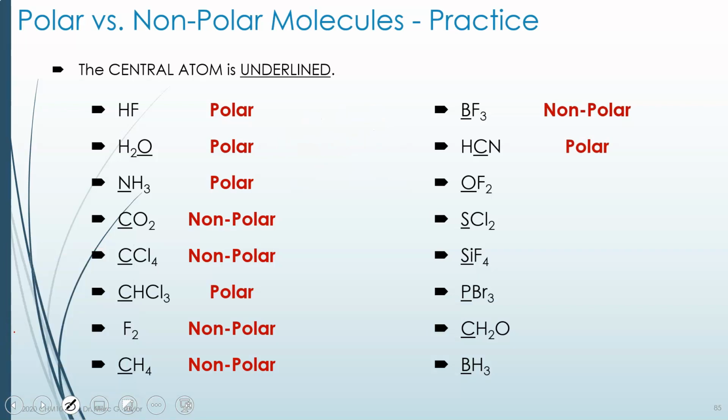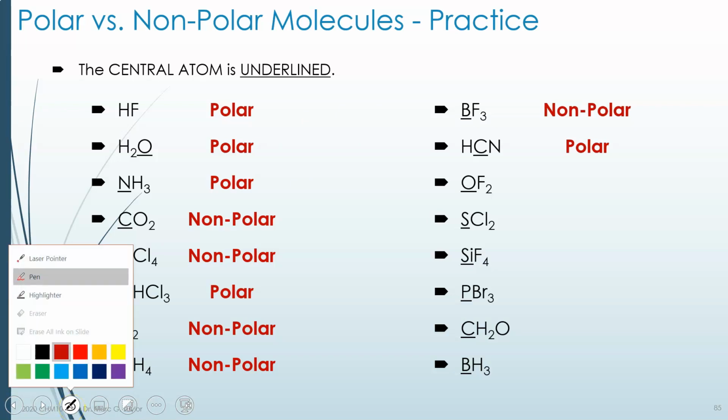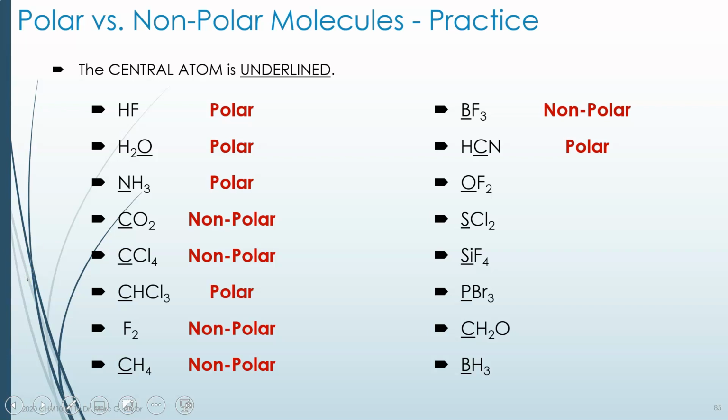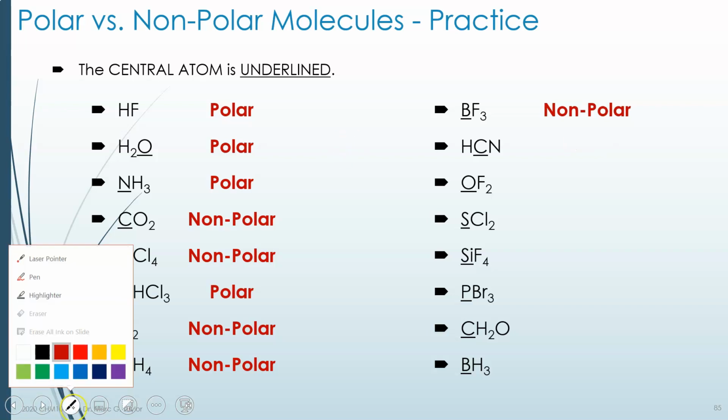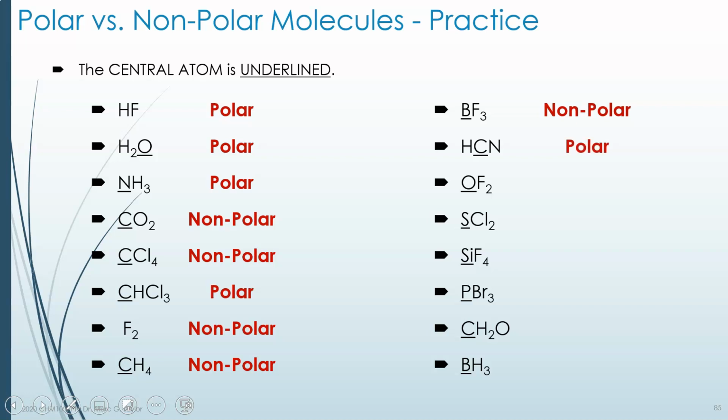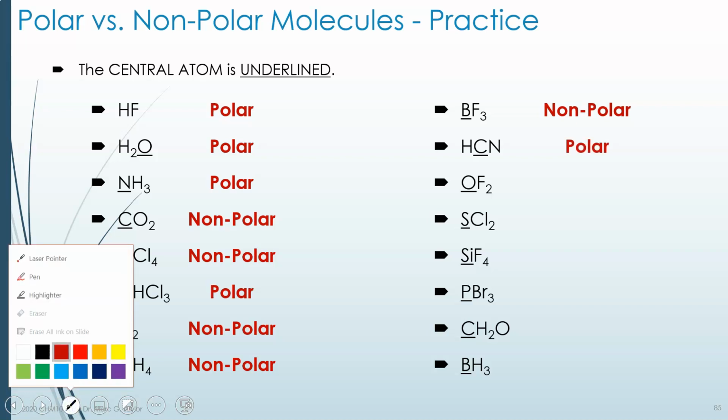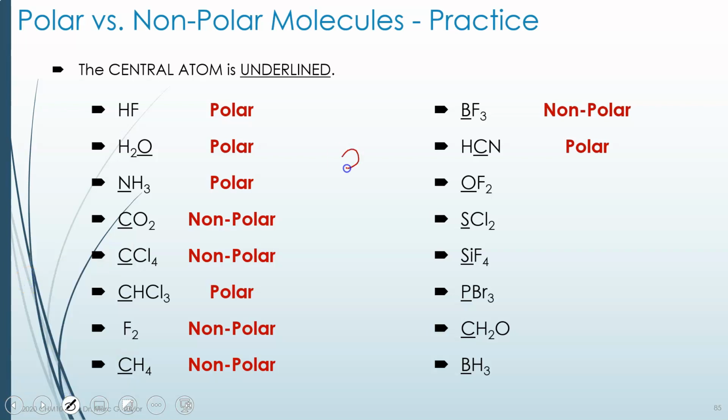The next example is OF2. This is an incredibly dangerous molecule, and so you wouldn't see it in the lab very often. Just like water, it has an oxygen in the center, and that oxygen has two lone pairs, and it is a bent molecule because the lone pairs take up space, and each fluorine is pulling the electrons towards it, and you end up with this net dipole.